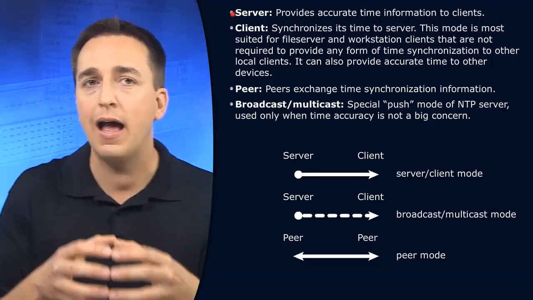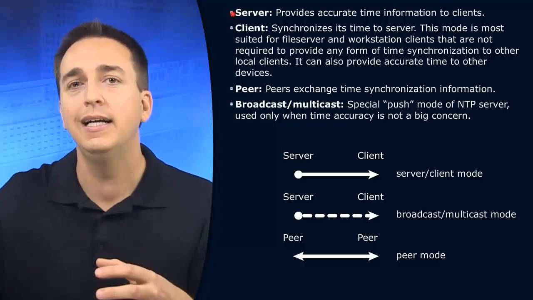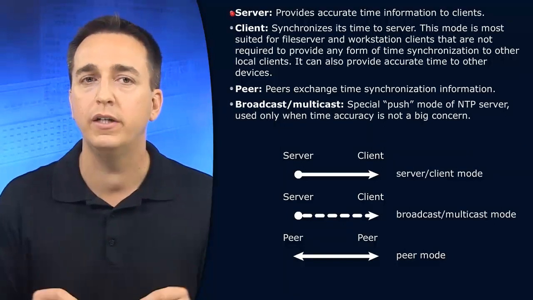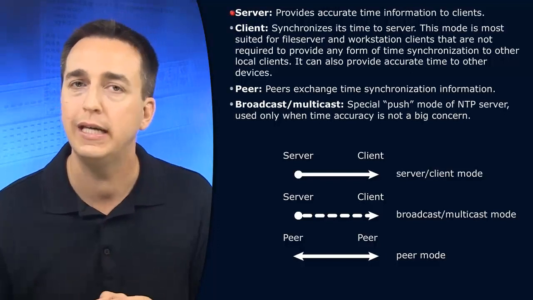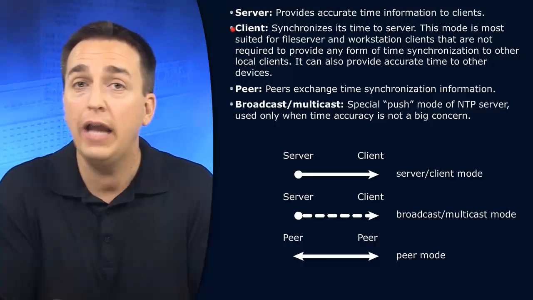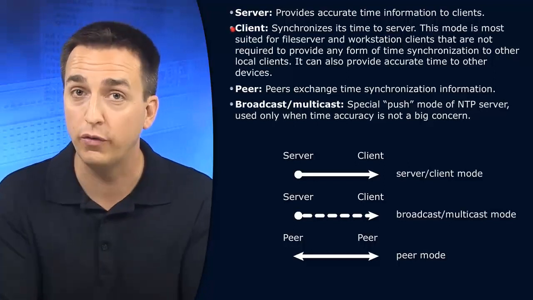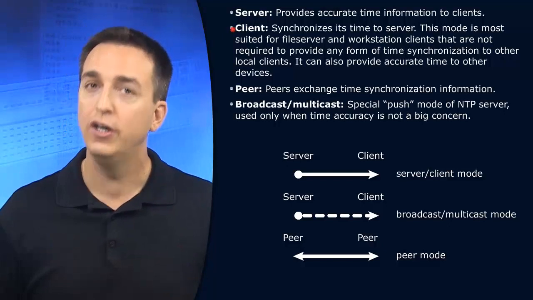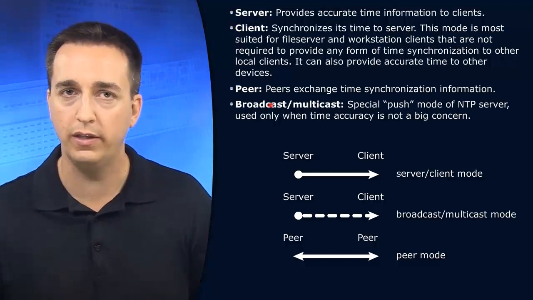But I could also have my device be a server to the clients in my organization. So the server is a general definition for a device that can provide accurate time to the clients using NTP. So the client is the device that's going to synchronize its time to the server. But don't forget, you could be a client to a server and then be a server to the devices behind you because of the hierarchy we're dealing with here.